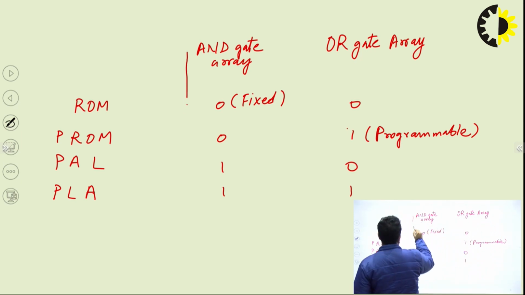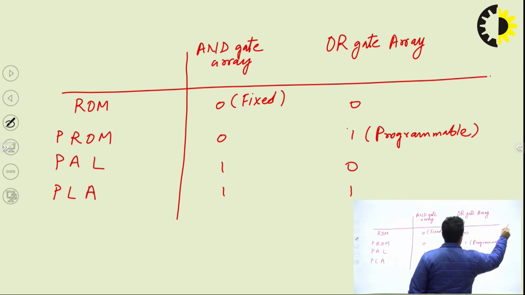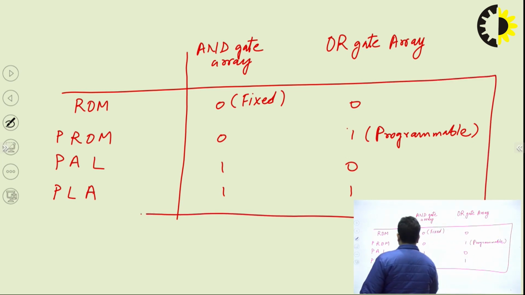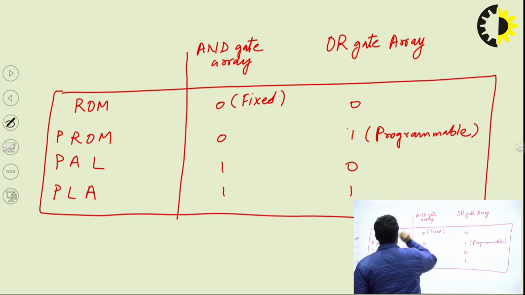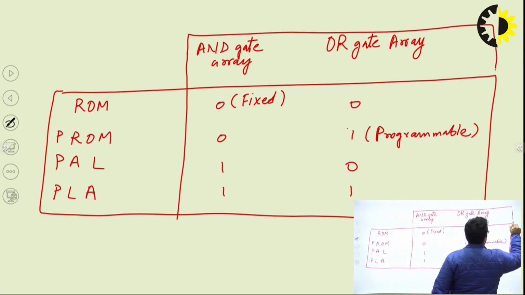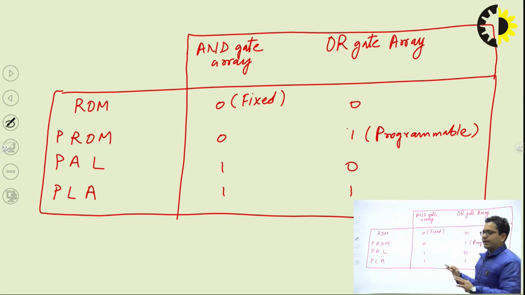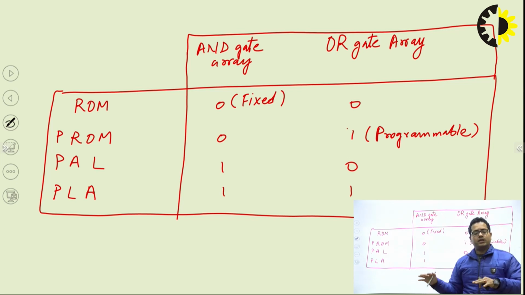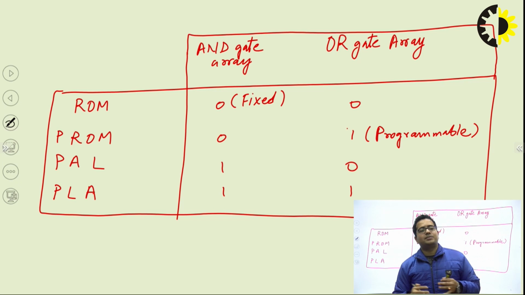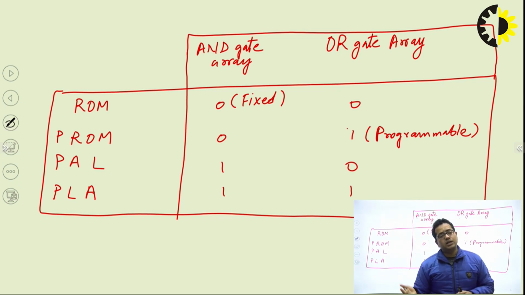Now once we got the trick about these different types of PLDs along with the ROM, let us quickly draw the block diagram, because sometimes in an exam you can get a question about describing the PROM, the PLA or the PAL.